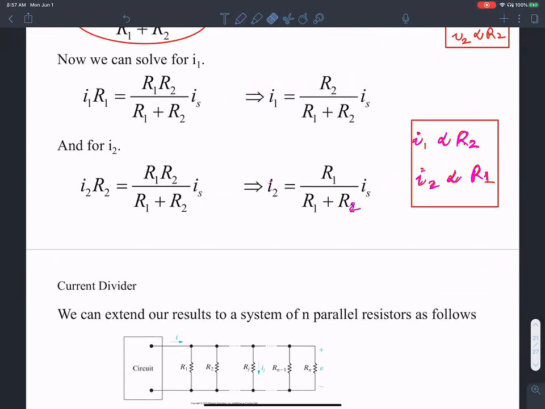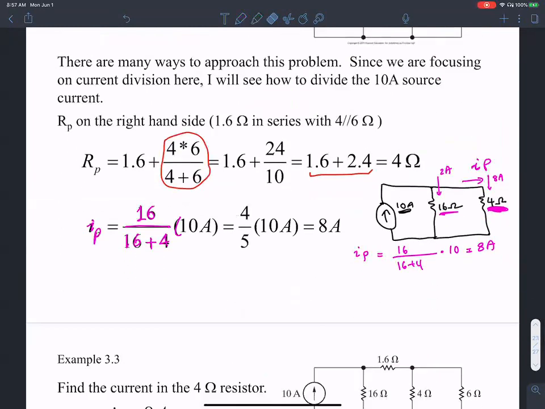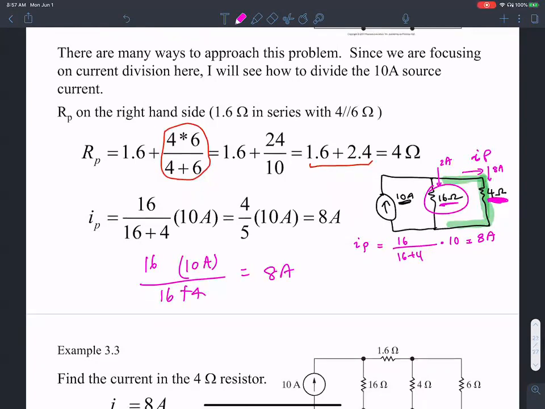The numerator will be the other resistance. That's what you have to remember. So my goal is to find the current through this 4 ohm resistance. I multiply 10 amperes by the other value, 16 ohms, over the sum, 16 plus 4, which comes out to be 8 amperes. That's the idea of current division.